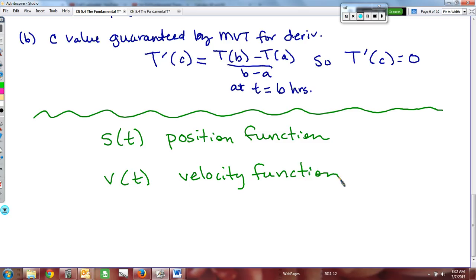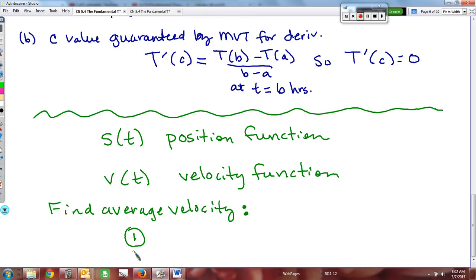If you're being asked to find the average velocity, you actually now are going to know two ways in order to find it.